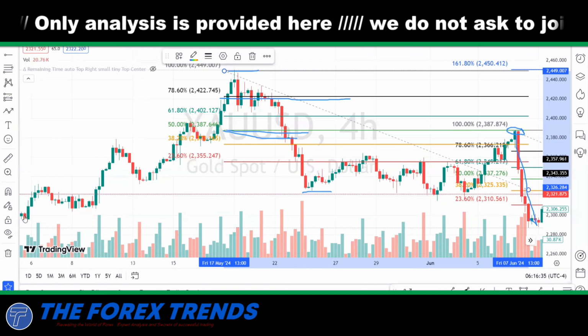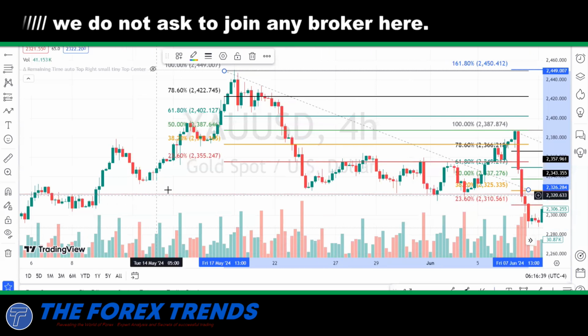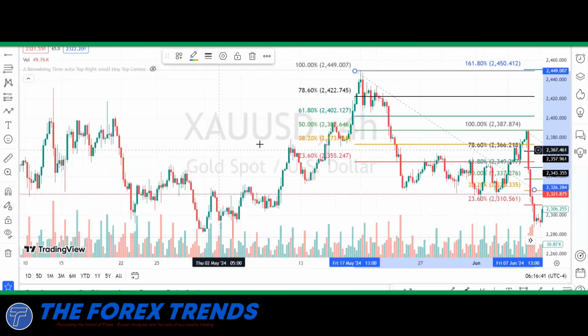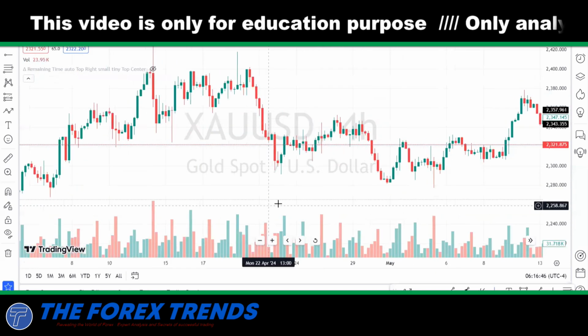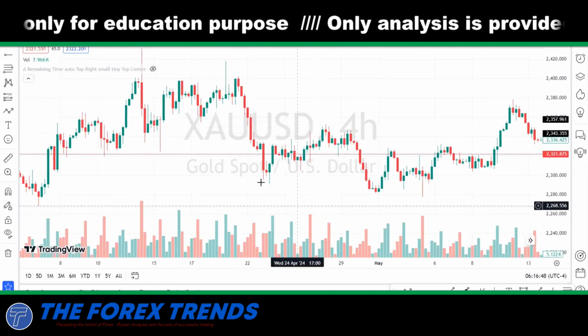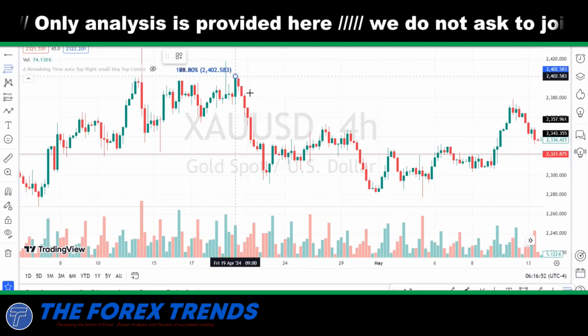So let me show you another example. Let me check if there is an impulsive move. Yes, there is another impulsive move. This is another impulsive move and I plot the fib at this level.